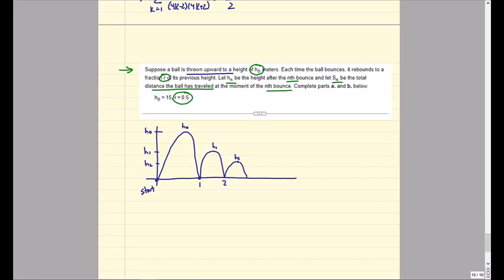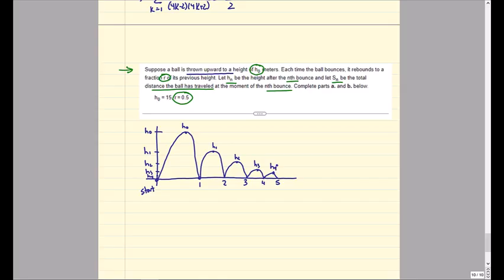This h2 would come straight across right here. And then this third bounce would be half the height, and this would be h3. And this would come over here and be h3. So you can see kind of what's going on here. It would be half the height, be h4, etc.